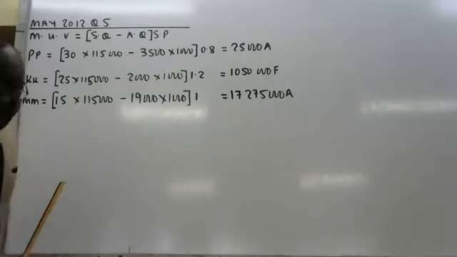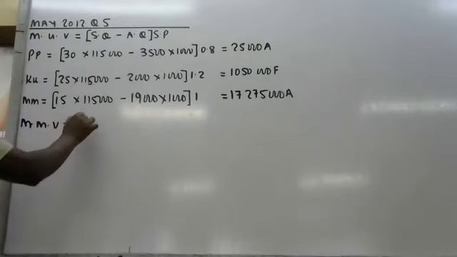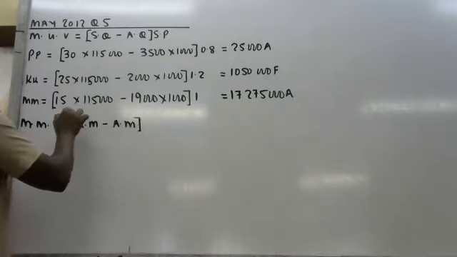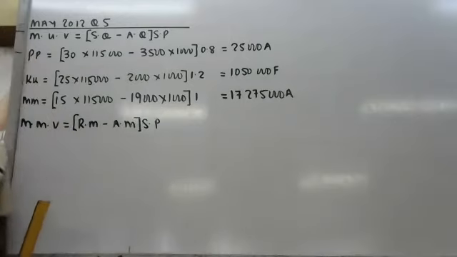The next is materials mix variance. Materials mix variance is given as revised mix minus actual mix, you multiply by standard price. So we start with the PP.